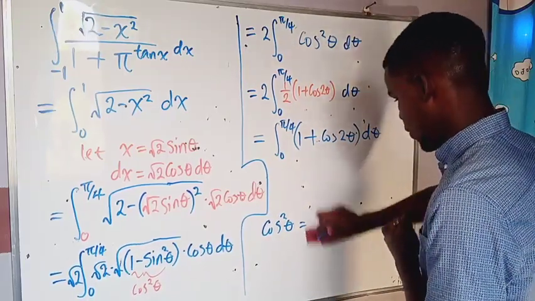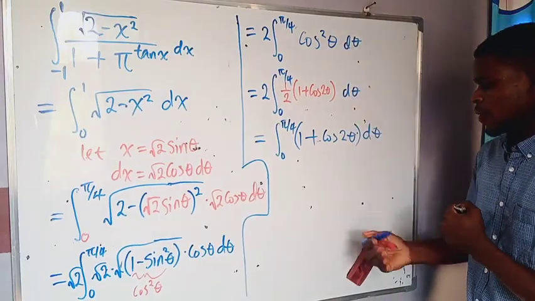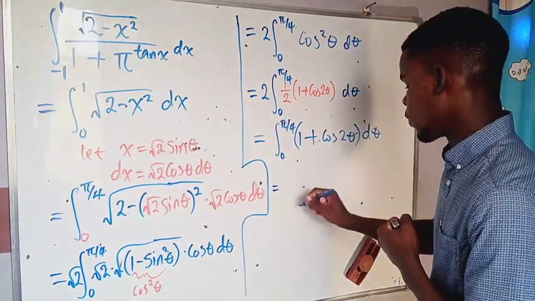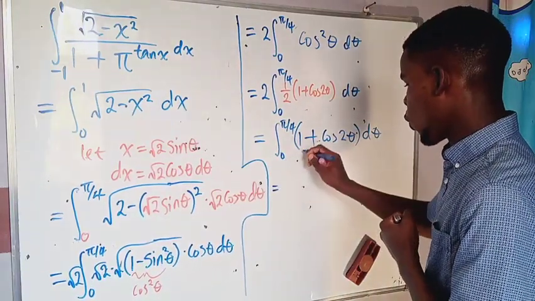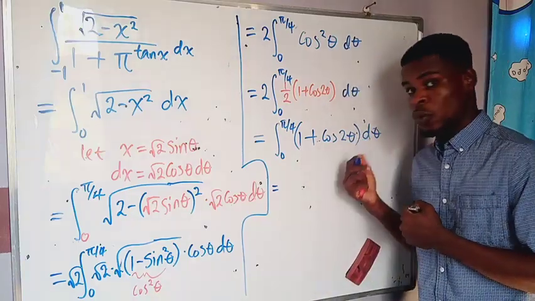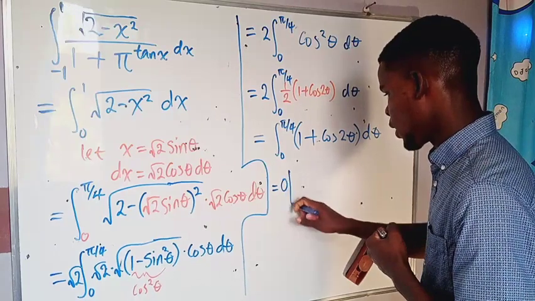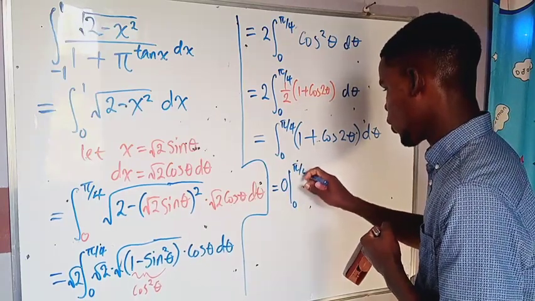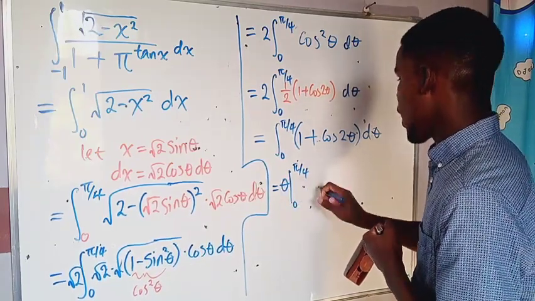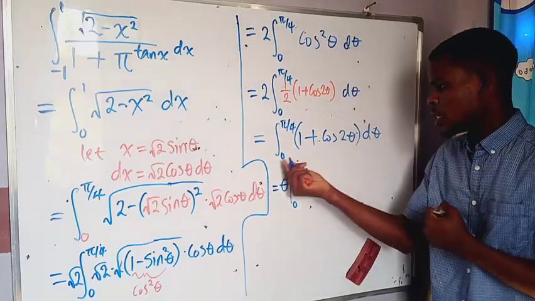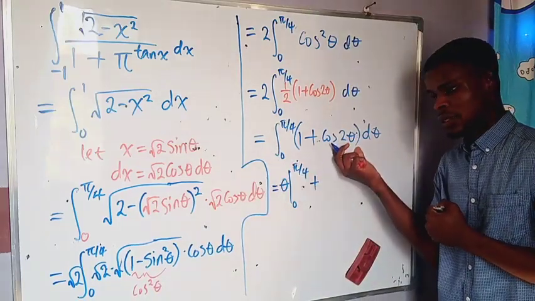And it is very nice. So let's see what we have. Now the integral from 0 to pi over 4 of 1 with respect to theta, when we integrate that, we just have theta from 0 to pi over 4. Then we add the integral of cosine of 2 theta.